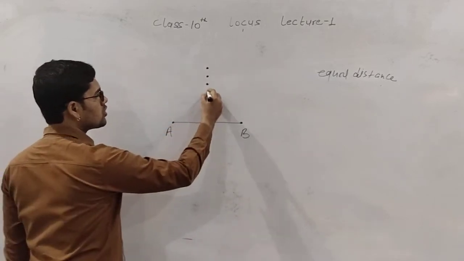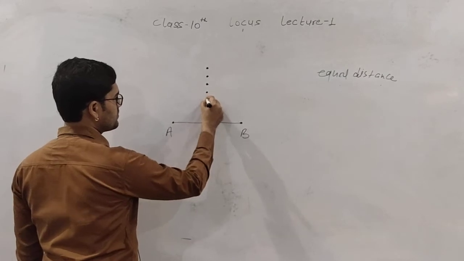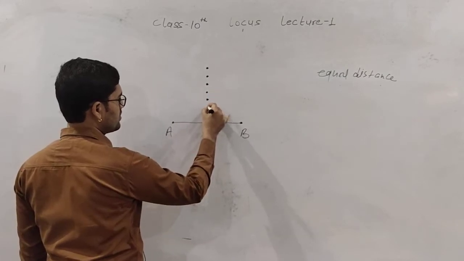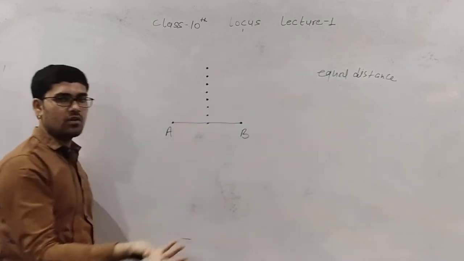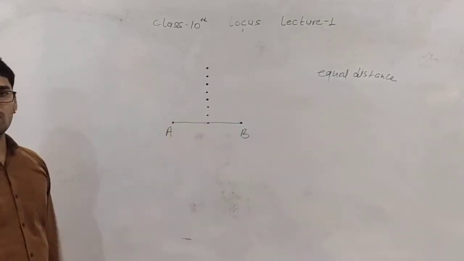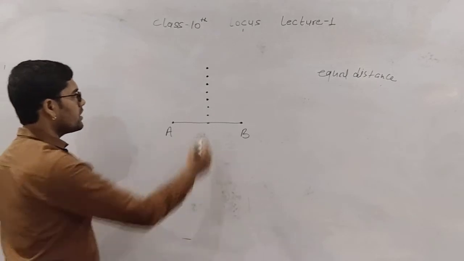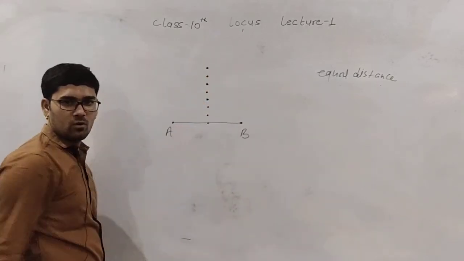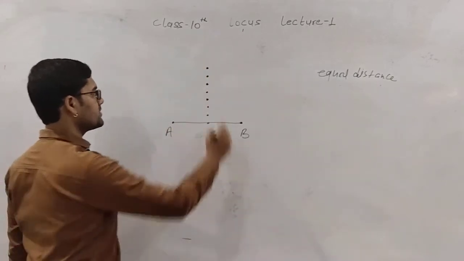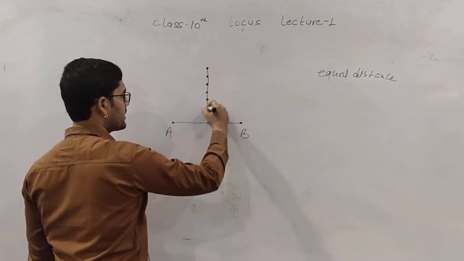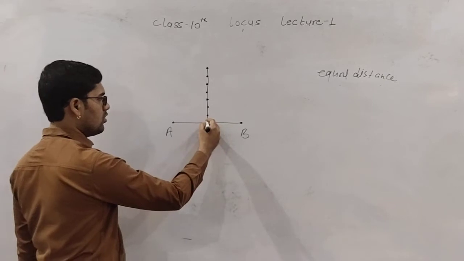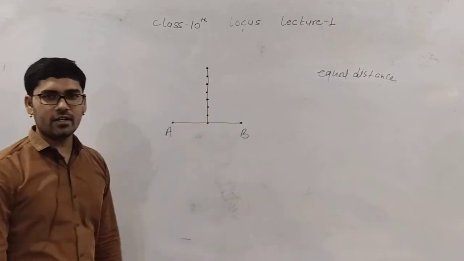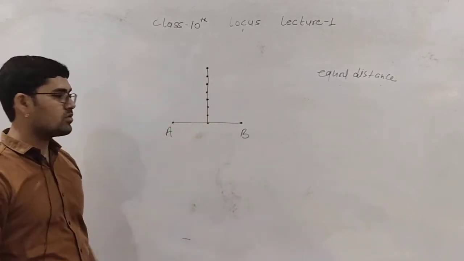So lots of points can be there which are at equal distance from both these points. If I connect all these points, it can go more in the downside also. So if I connected all the points, then what did I obtain?